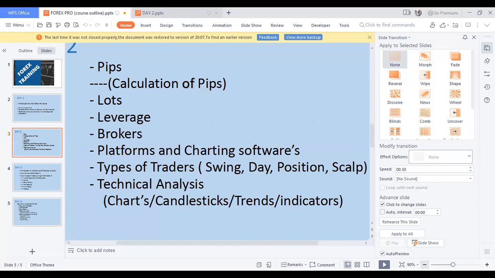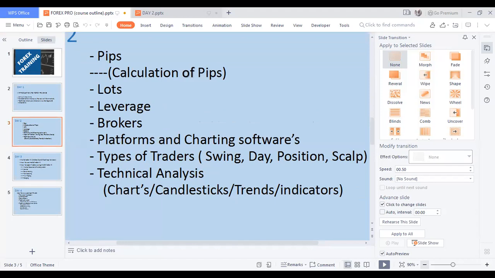We'll talk about types of traders: swing, day, position, scalp. We'll also look into technical analysis. Let me quickly talk about what I'm going to be doing. I want to start with pips.